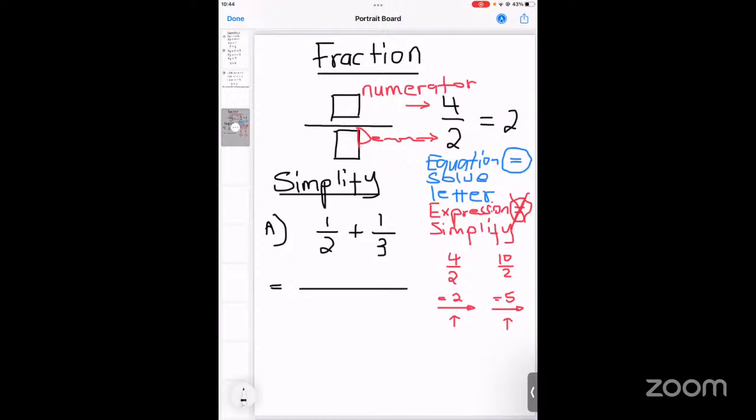Then you say denominator times denominator, which means you say 2 times 3. Then you do numerator by denominator. It's like you now cross multiply.